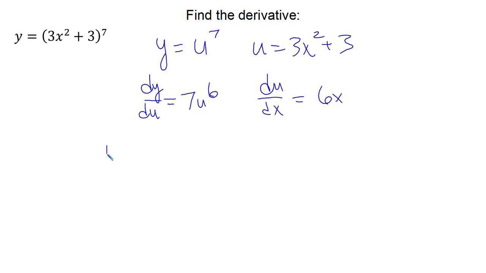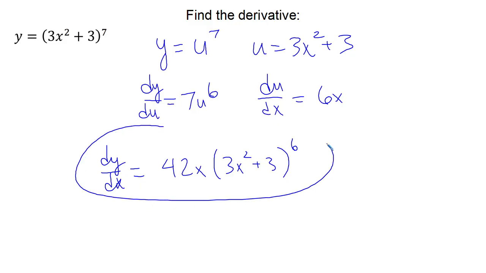So if we multiply those two things together to get dy/dx, 7 times 6x ought to be 42x. And then we're just left with our u, which was 3x squared plus 3, all raised to the power of 6.